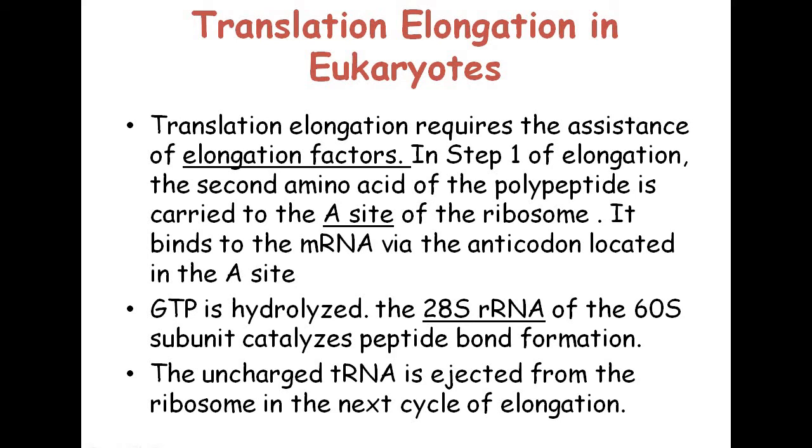After the peptide bond formation, there is translocation, and the ribosome moves to the next codon, and the bond between the methionine and the first tRNA will break, and the first tRNA will now be shifted to the E site, called the exit site, and will leave the ribosome. This step is repeated and all the amino acids will form a chain, and this is known as the elongation step.